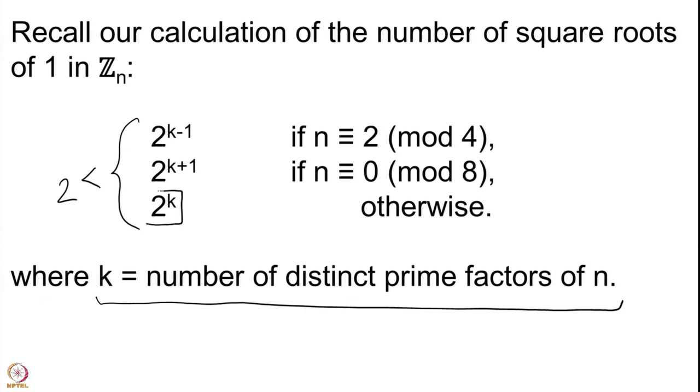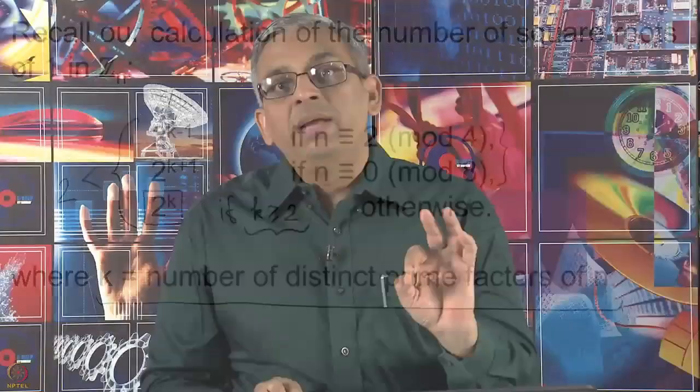So, whenever you have 2 or more odd factors, let us say, because the even factors are divided in 2 cases here, then the number of square roots of 1 is going to be 2 power k, which is bigger than 2. So, this is bigger than 2 if this number k is bigger than or equal to 2. So, whenever you have 2 or more odd prime factors, the group UN cannot be cyclic.